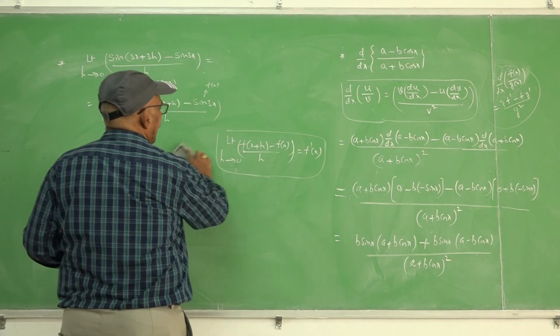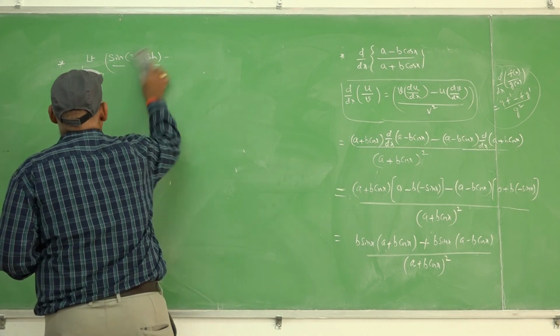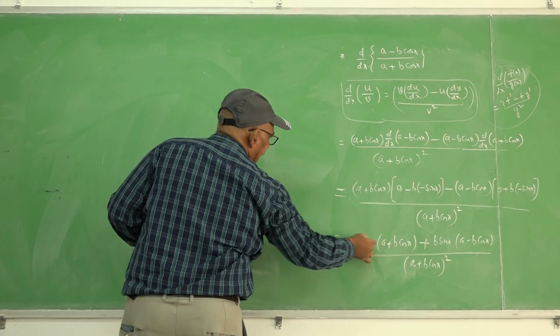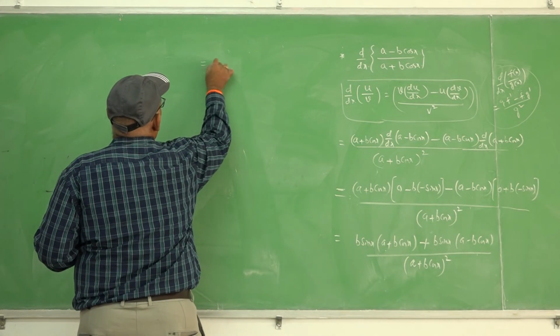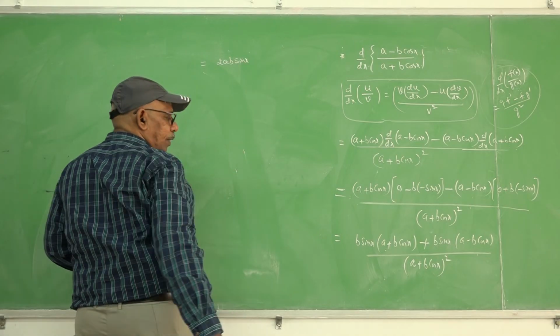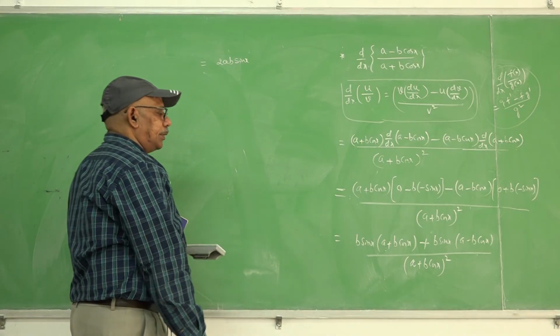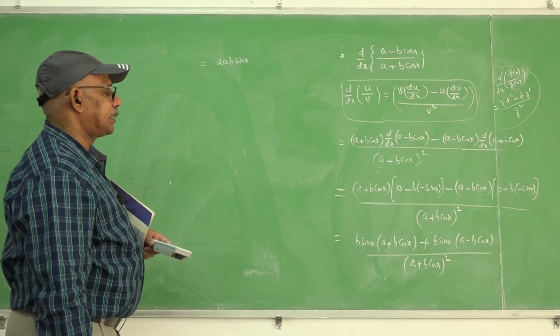Now on simplification, we get ab sin x here and again ab sin x here. Adding like terms, we get 2ab sin x.